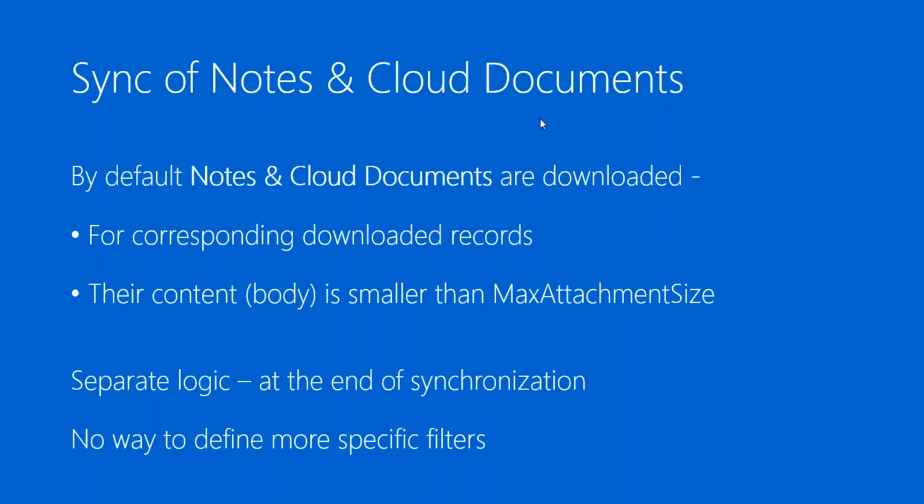So if there is a note which doesn't have any matching record in mobile CRM, it will not be downloaded. And also, if their content is smaller than a setting in the application or in Woodford.